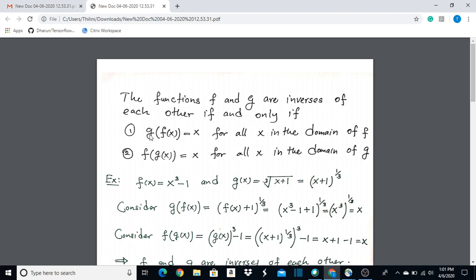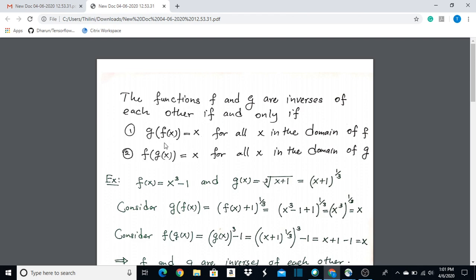The composition g of f should equal x for all x in the domain of f, and the composition f of g should equal x for all x in the domain of g. This is the same composition we discussed before: plugging the f function into g, and plugging the g function into f.